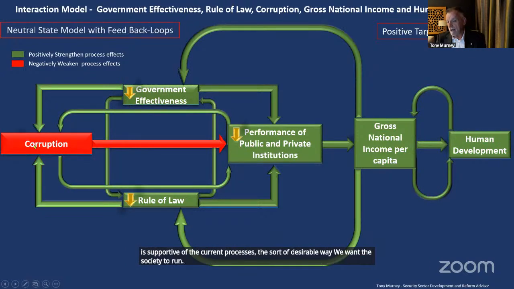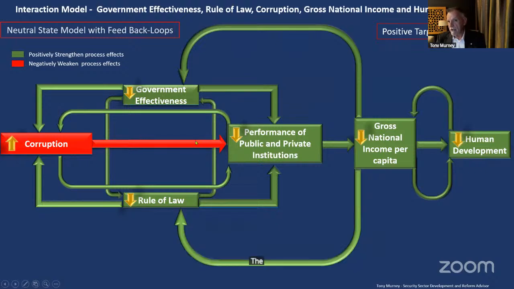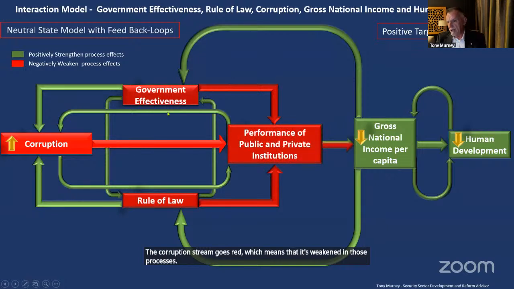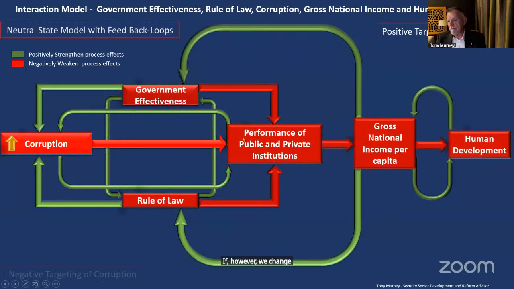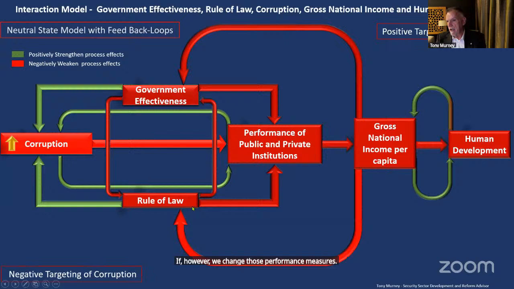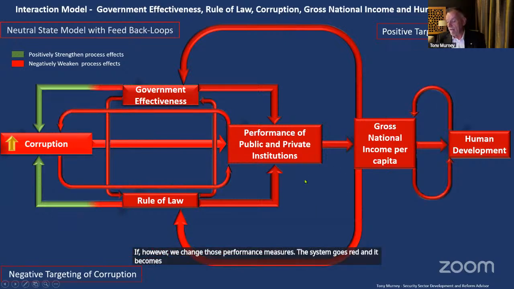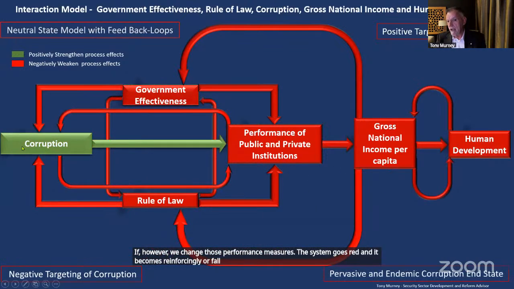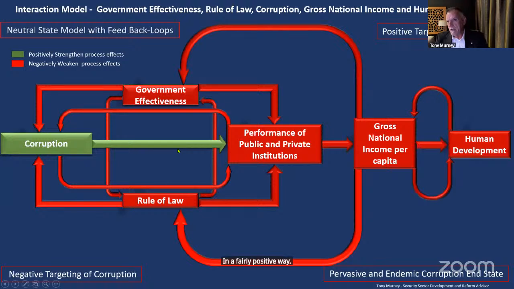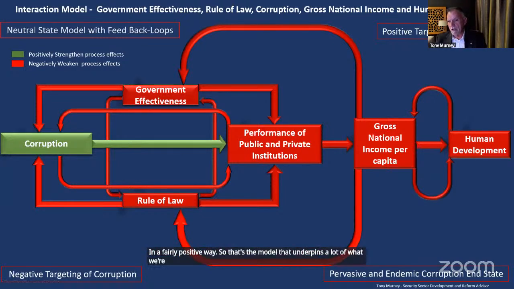And the corruption stream goes red, which means that it's weakened in those processes. If, however, we change those performance measures, the system goes red and falls into reinforcing decline, and corruption grows in a fairly positive way. So that's the model that underpins a lot of what we're going to talk about in the next 20 odd minutes.